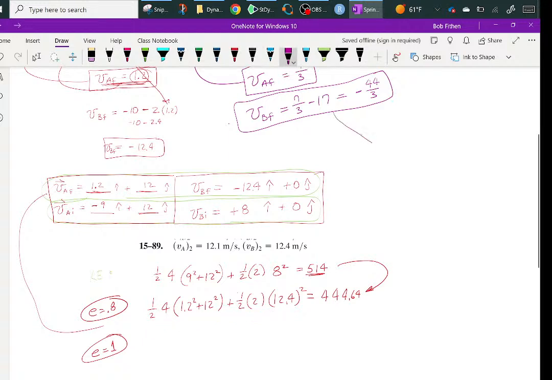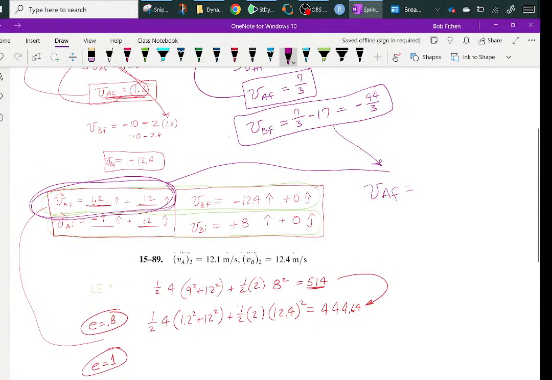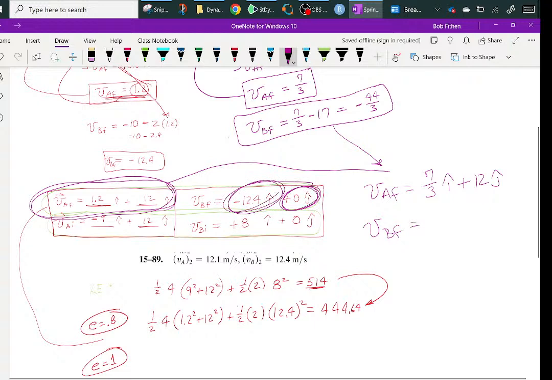So, in this case, VA final, which would be off of here, it would basically be equal to, instead of 1.2, 7/3 I plus 12J. VB final is not going to have any component here, and it's going to have all of this coming from right there. So minus 44 over 3 I.